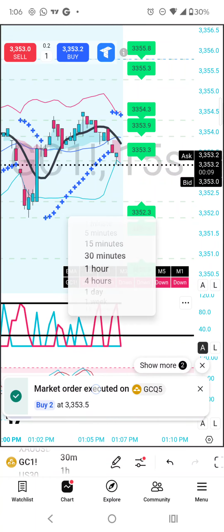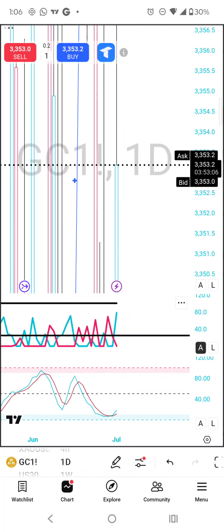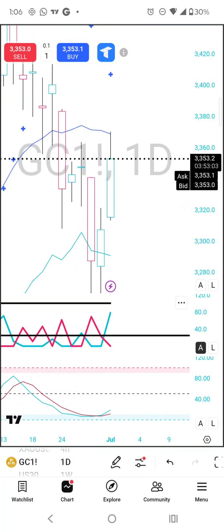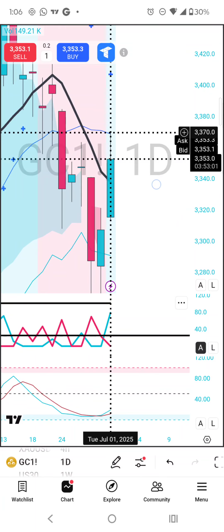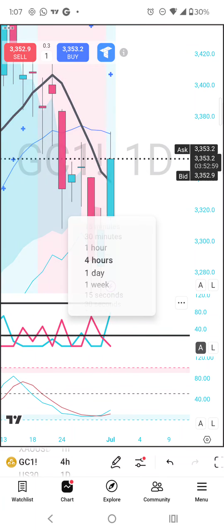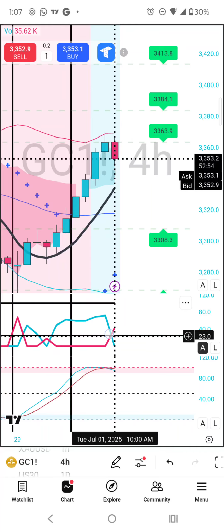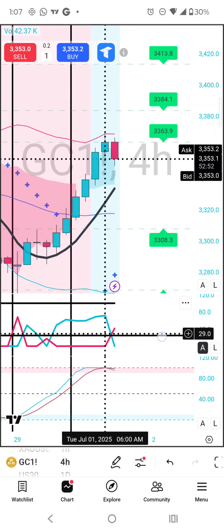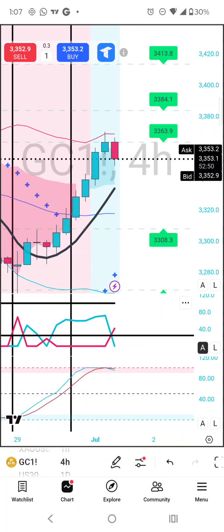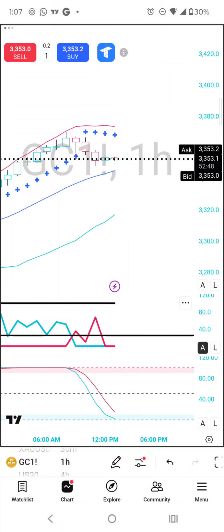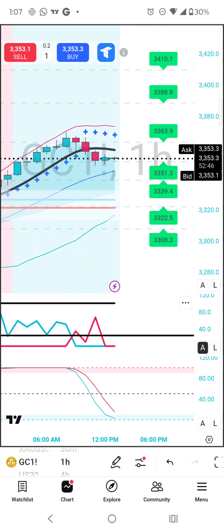Let's go back to what we see on the higher time frames. The daily touched this middle line perfectly. The 4-hour looked like this. It was at the top, looking to pull down. This just happened, right? The 1-hour looks like this.